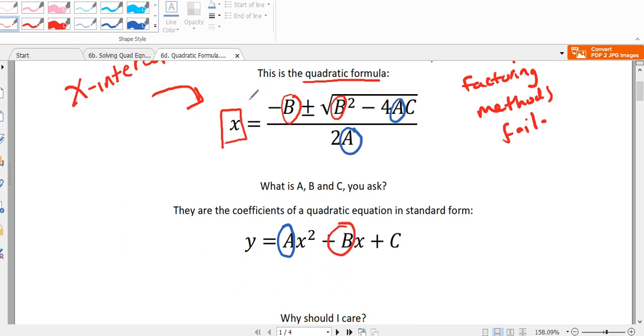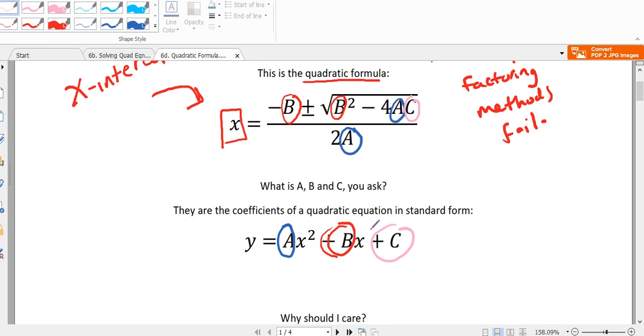Now notice how it's a negative B, meaning whatever B value is here, including the sign in front, we need to switch it. So for example, if that's a plus 5, that would be a negative 5, and so forth. And of course, C is just our constant.